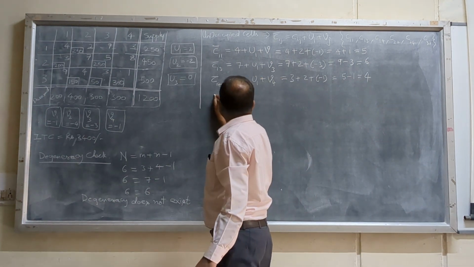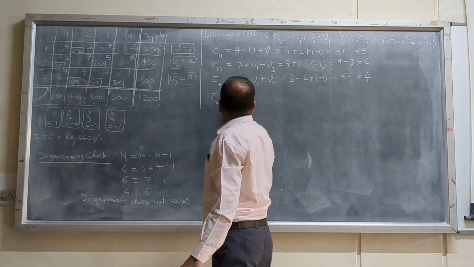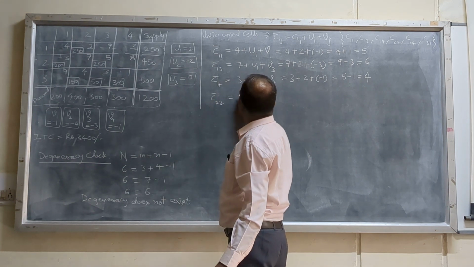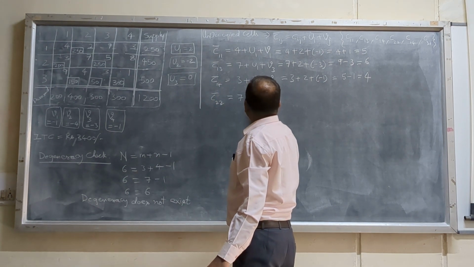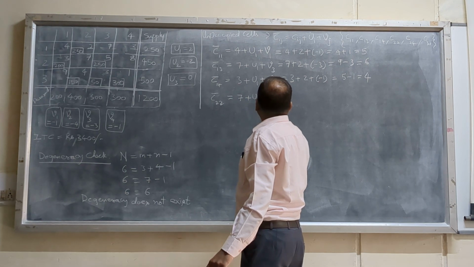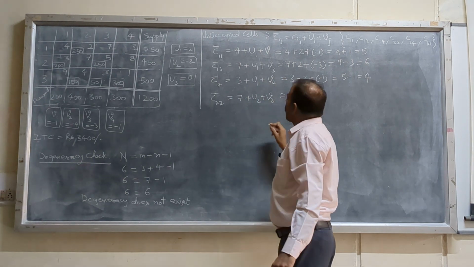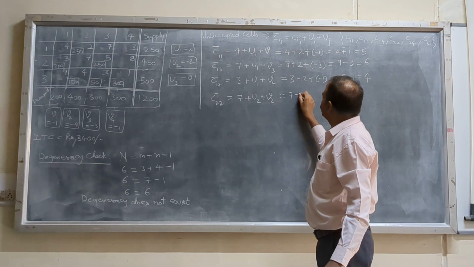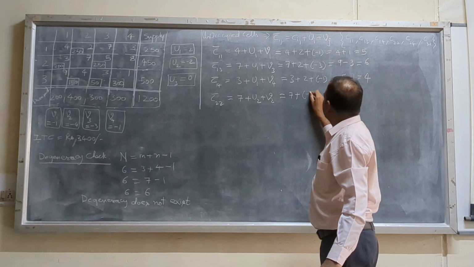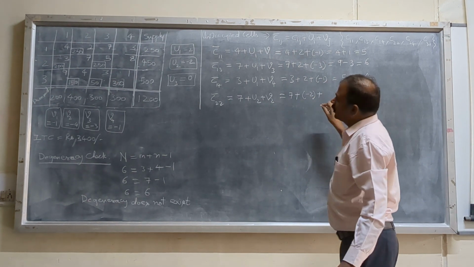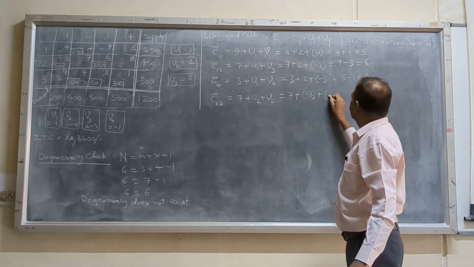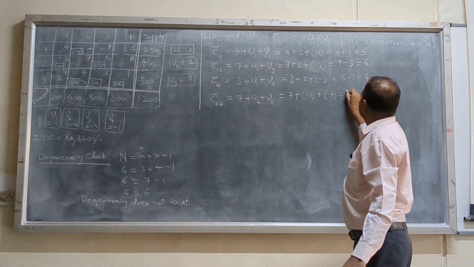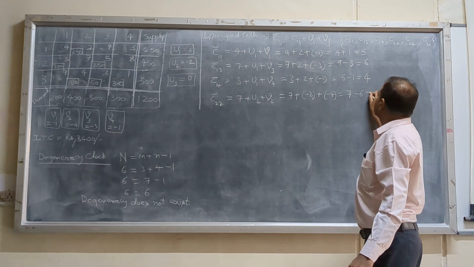Then it is C22 bar, which is equal to 7 plus U2 plus V2, which is 7 plus minus 2 plus V2, which is minus 4, which is equal to 7 minus 6, which is equal to 1.